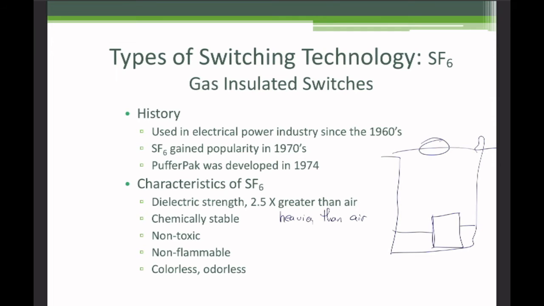You better bring your oxygen sensor, because if this piece of SF6 switchgear has been leaking, there's no oxygen down here. And that's a good way to get yourself into a rescue situation. It's heavier than air, it displaces oxygen.